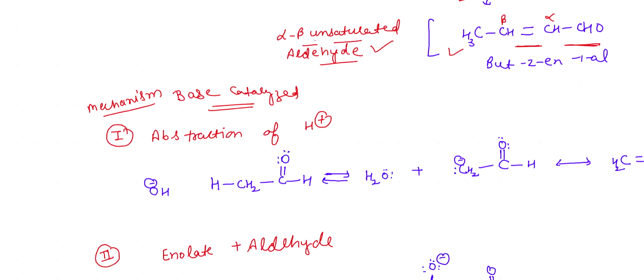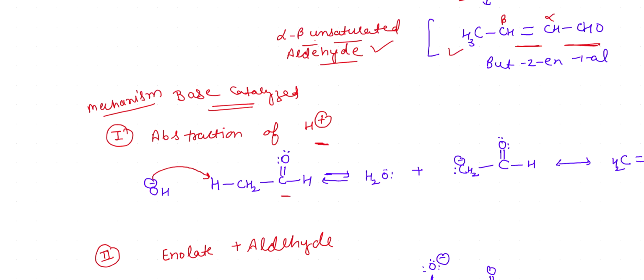The first step is abstraction of H positive. OH negative will abstract this hydrogen from here, because I have already told you this hydrogen is acidic in nature and can be easily abstracted due to the electron withdrawing nature of this carbonyl group.